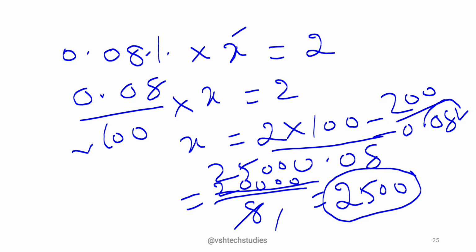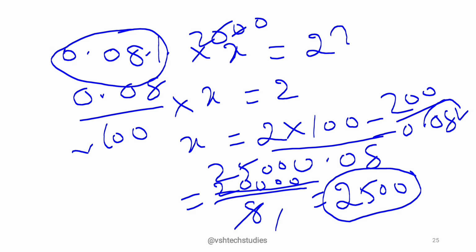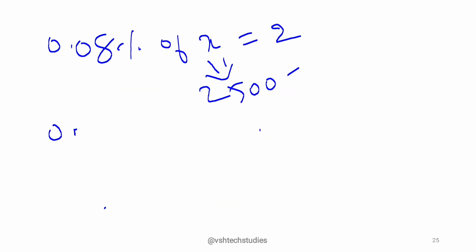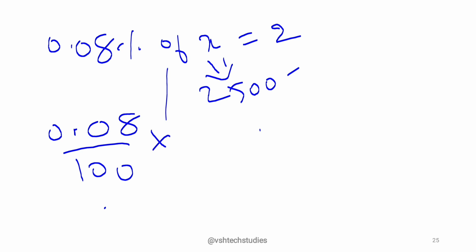2,500 meters. Out of 2,500 meters, how much is defective? 0.08% is defective. He had found 2 meters defective. Is it correct or not? That we'll have to verify. 0.08% means 0.08 upon 100. Of means multiplied by. This x is 2,500. Now if you simplify this, 2 zeros are cancelled.